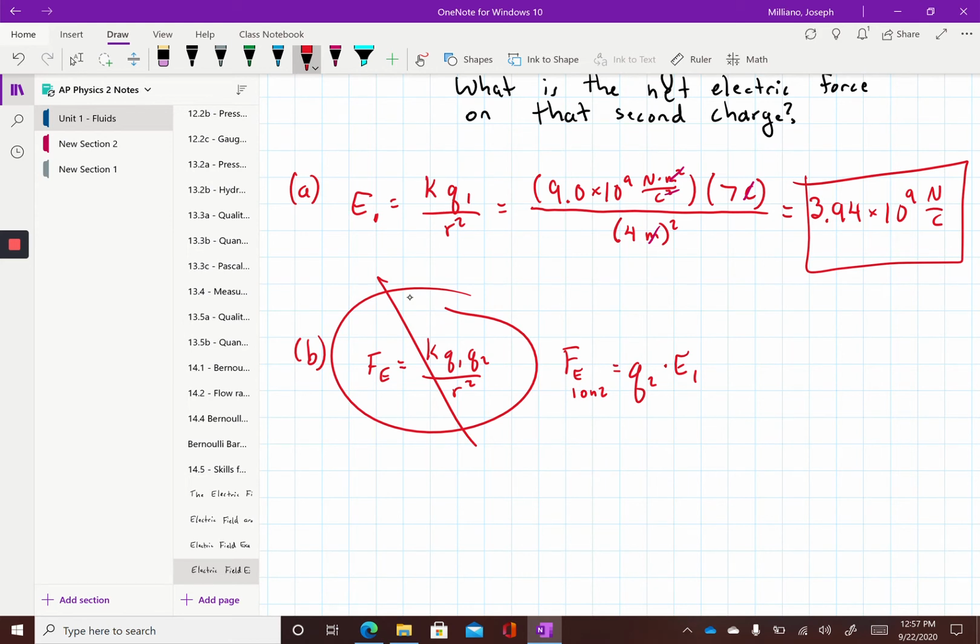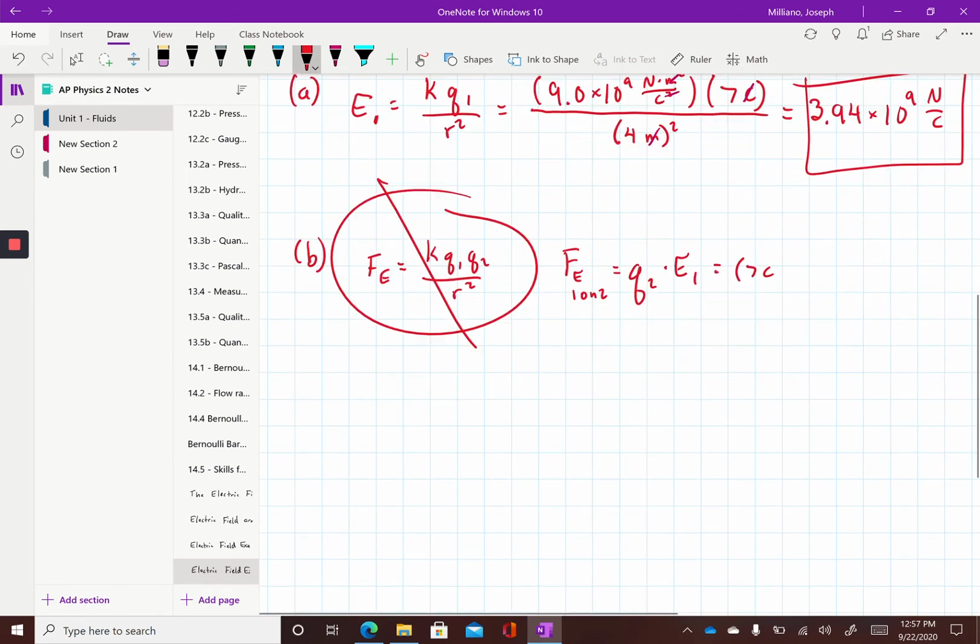And we know that because we're looking at charge 2. So anyways, that's going to be, did I say 7 or 3 for that one? That one's 3, sorry. 3 coulombs multiplied by my 3.94 times 10 to the 9th newtons per coulomb. And the electric force that 1 exerts on 2 is going to be that number times 3.